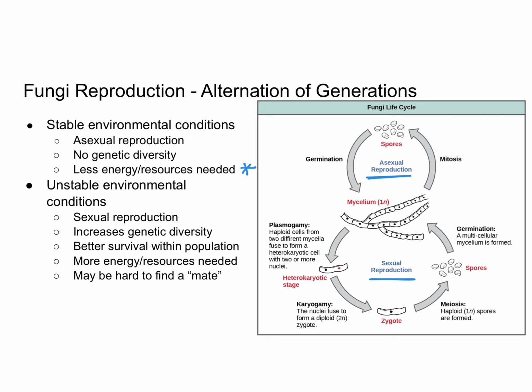However, when the environmental conditions change or become unstable, sexual reproduction is favored. And that's because we are increasing genetic diversity. Remember, that's going to happen through our karyogamy. Because remember, with karyogamy, we are taking two different haploid nuclei and we're fusing them together.